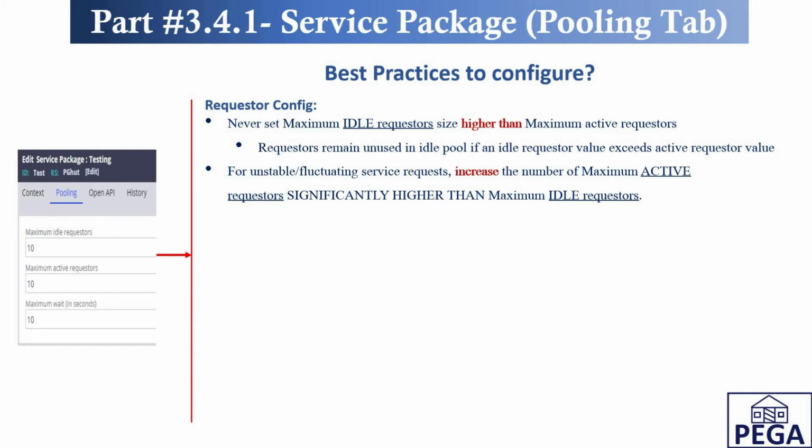Now let's say if your service is fluctuating, right, or a little unstable. So what you need to do is increase your active requesters. So for example, again try to correlate with your agile team. Now let's say you have a lot of deliveries to be done, but because of the small team size, you can't deliver more, and for some reason you can't increase the team size.